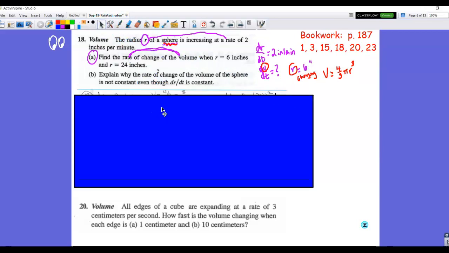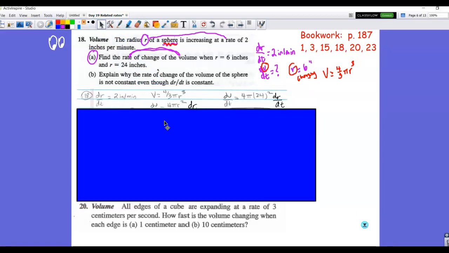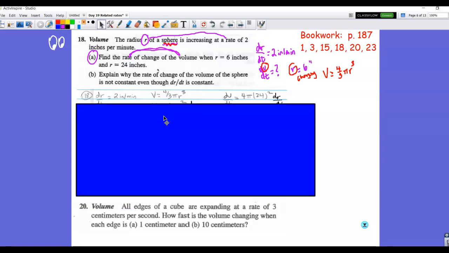All right, so let's take a look at the work here. So again, you see when I did this before, I created a box of knowledge. I recorded the things that I know. I wrote down my formula for volume. And so when I take the derivative of V with respect to time, which is right here, let me get my pen. The derivative is going to be dV/dt.